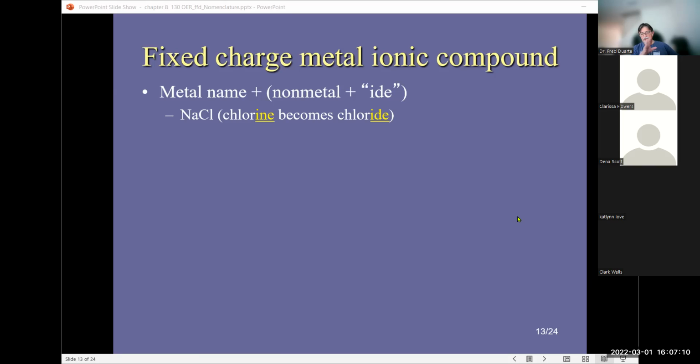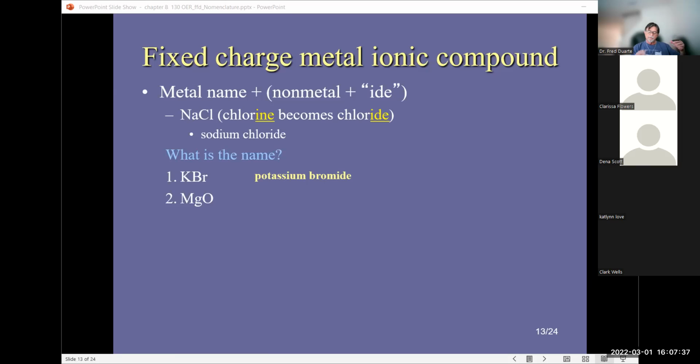Its name goes from INE to IDE. So in this case, sodium chloride, good old table salt. Now let's take a look at this. We have K, which is potassium, and Br, which is bromine, but it is bonded to potassium. So therefore its name is potassium bromide.